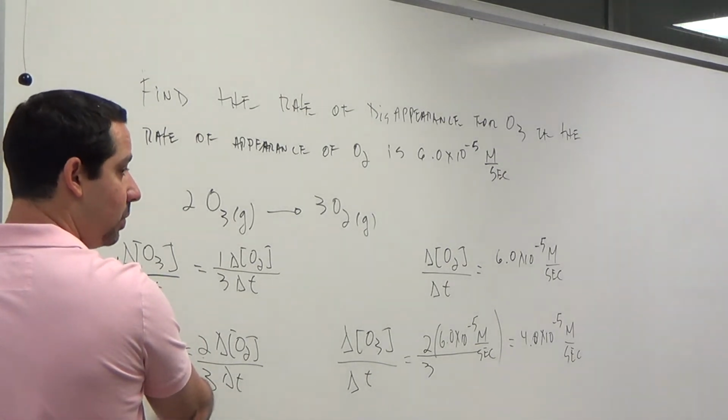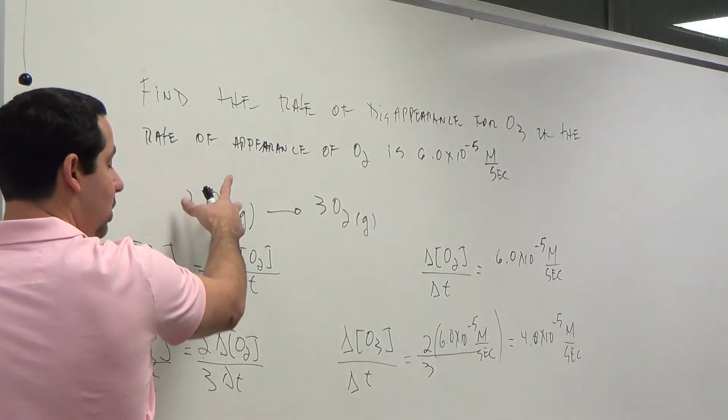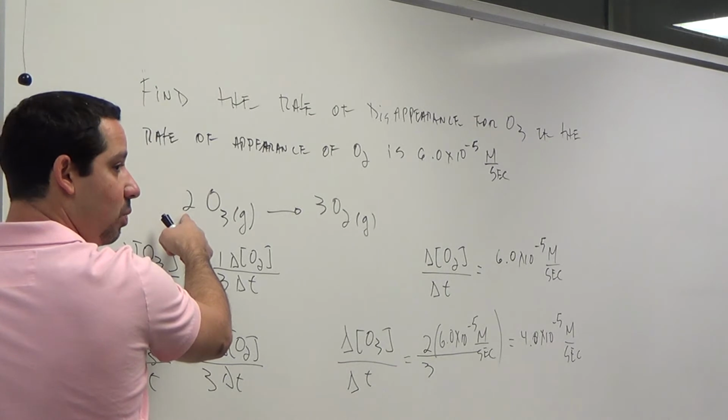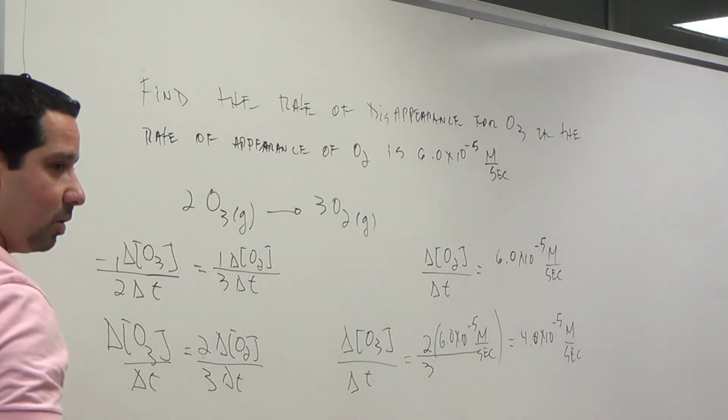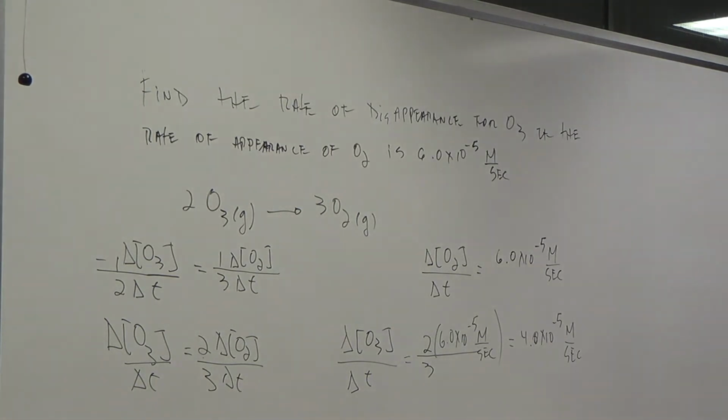But then I don't want it to be the unique rate anymore. I want it to be how much of this disappears. What do I have to do? I have to multiply the unique rate by that number. The unique rate has that coefficient divided out of it, yes?